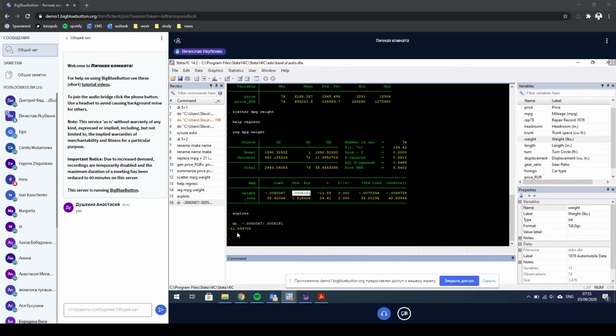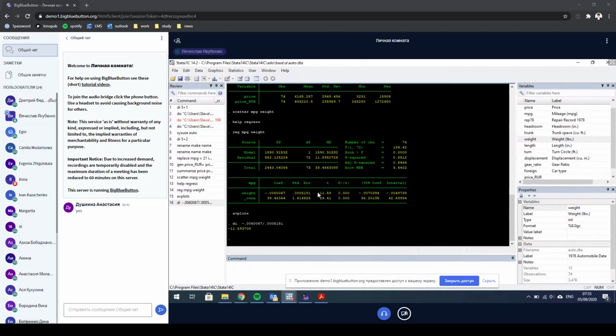And here we see that our standard error is 11.5 times smaller than the coefficient. So it means that our estimate is quite precise here. It's like coefficient plus minus a bit less than 10%, which is a good approximation.